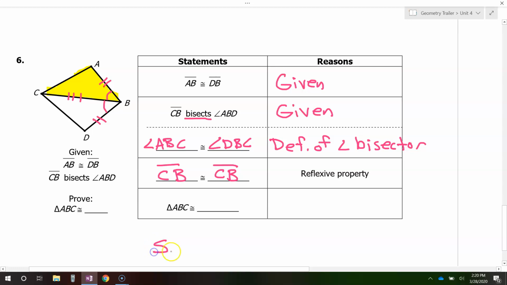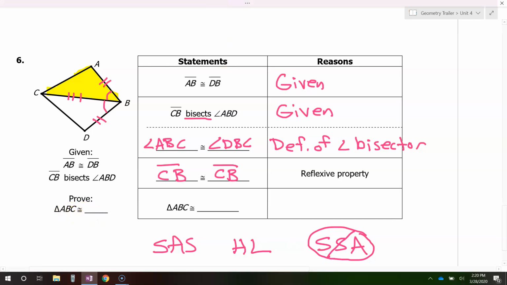It could be side angle side, all right, that's two sides and an angle, or it could be hypotenuse leg, or it could be a side-side angle situation. Side-side angle doesn't actually prove that triangles are congruent.